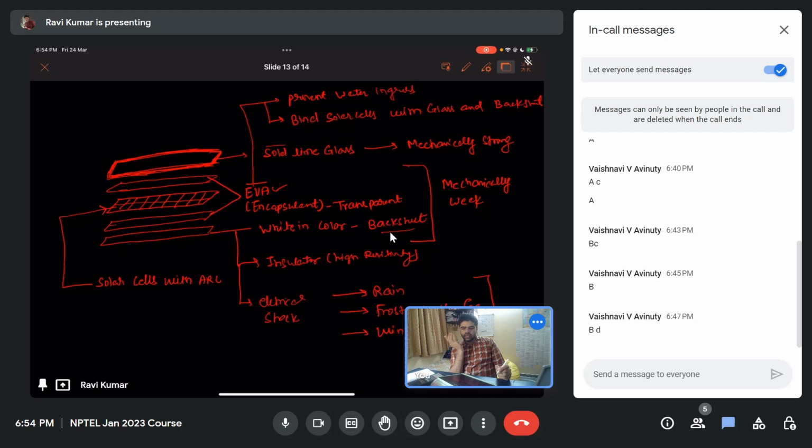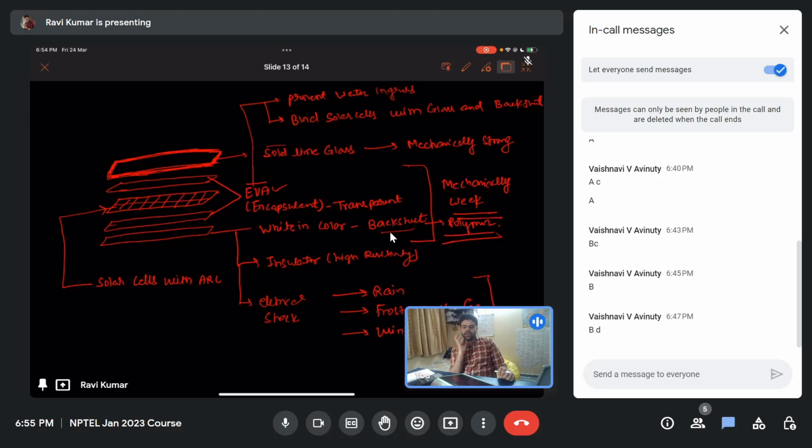That's why in the backside area we are using a backseat. It is a polymer which is insulator in nature, having high resistivity. So these are the components of a solar module.